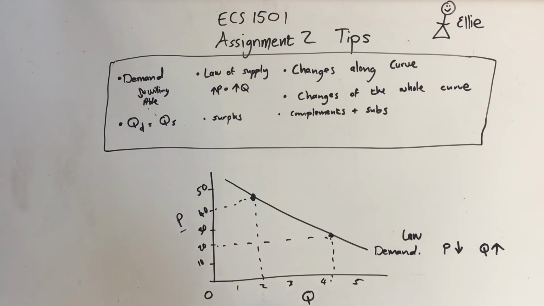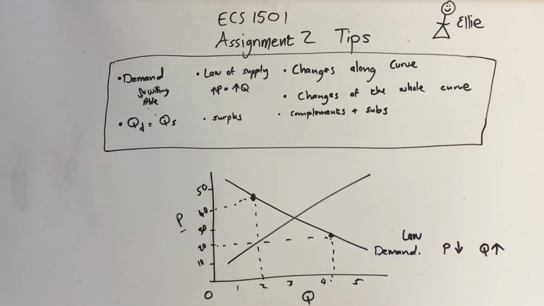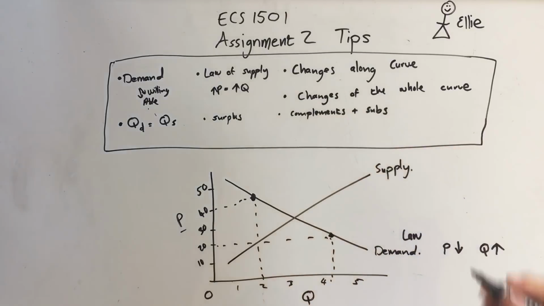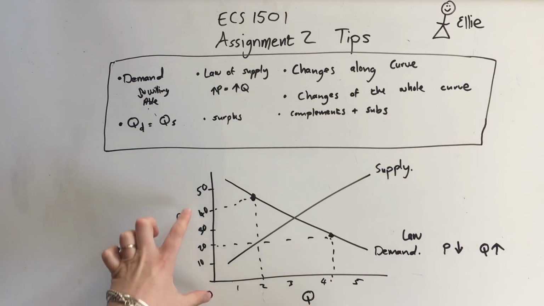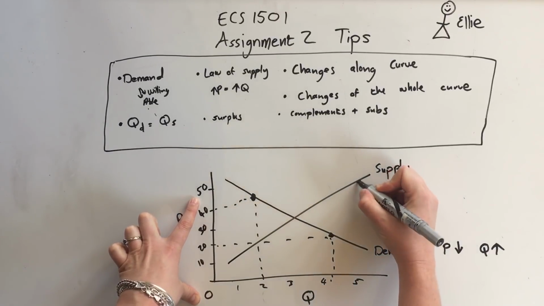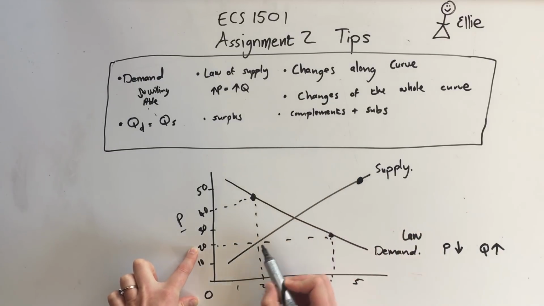The supply curve goes in a positive and exactly opposite direction. This one is the supply curve. Now what supply means is if the price is high, more producers will be offering a product, whereas if the price is very low, fewer producers will be supplying this product.